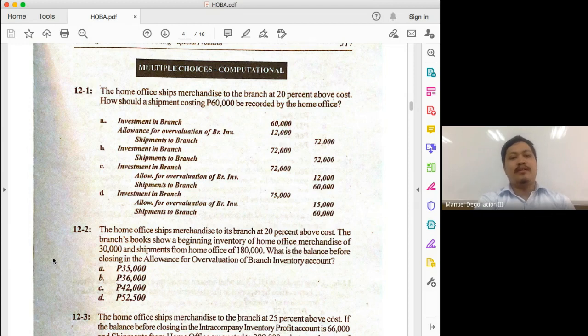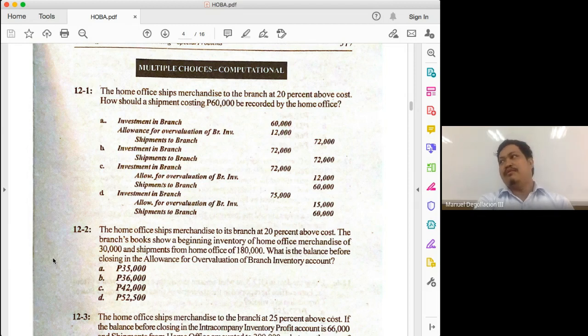But that will not be an answer here because we will have to take into account, class, the amount of markup we have included in the shipment. This is one way for us to monitor the markup on the goods that we have transferred to the branch. So the entry here, class, would be to still debit investment in branch, still credit shipments to branch, but you will have another credit to the allowance for overvaluation of your branch inventory.